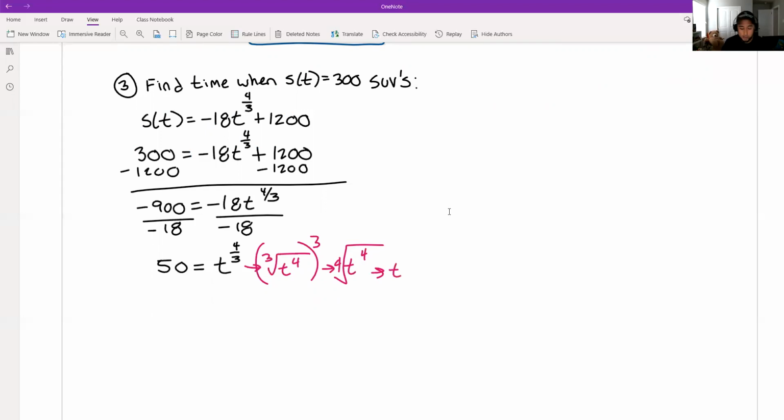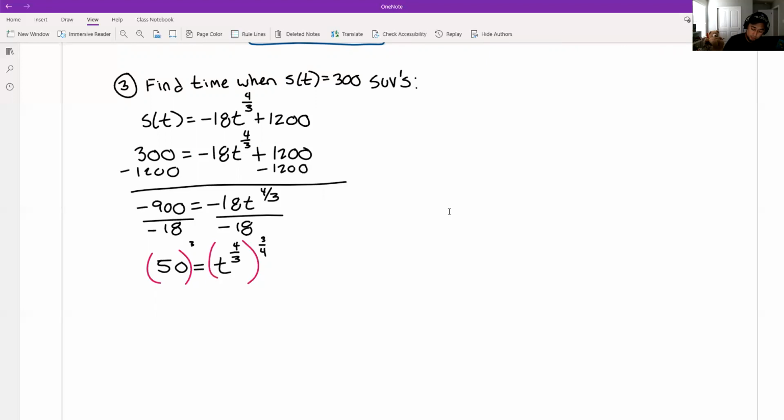So I'm going to show you a nice little shortcut. Instead of doing all that stuff, which builds character, by the way, why not just raise both sides to the reciprocal power? So if 4/3 is my power here, I'm going to raise everything to the 3/4. I'll even raise 50 to the 3/4.